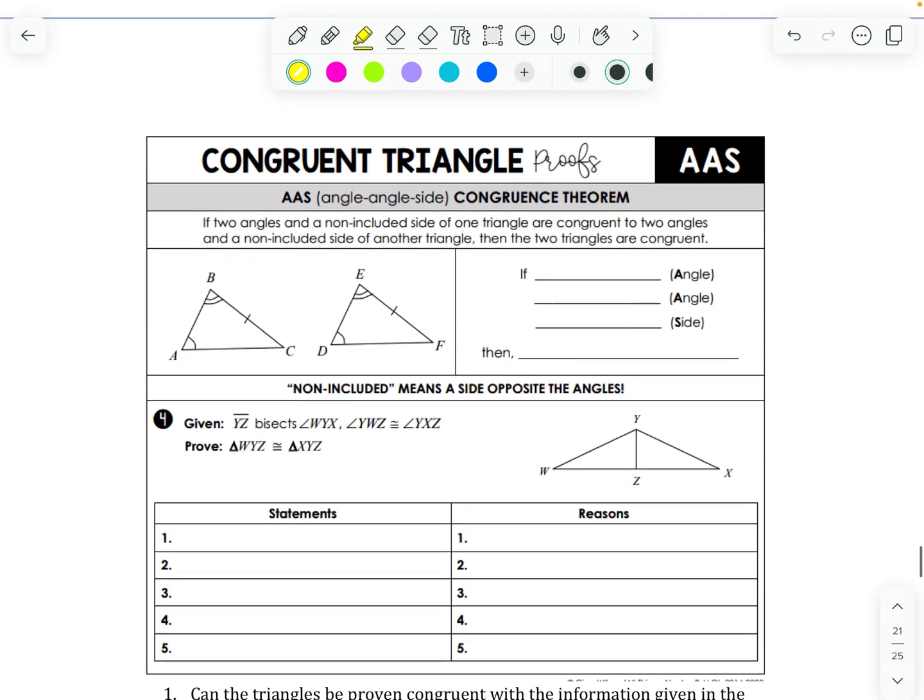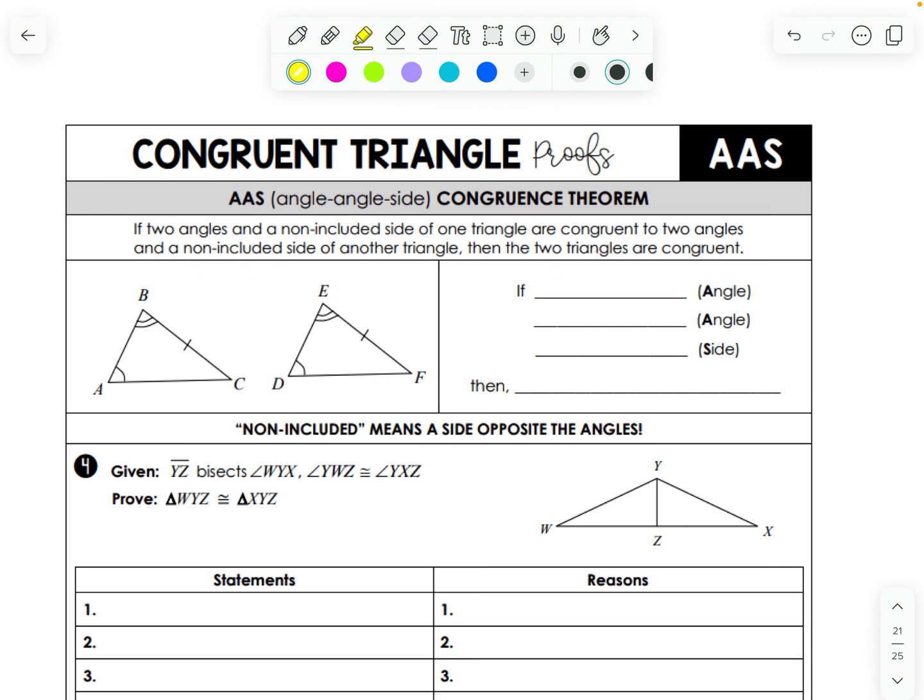Okay, now let's see some angle, angle, side proofs. Recall that we have two angles and a non-included side. So this is angle, angle, side.